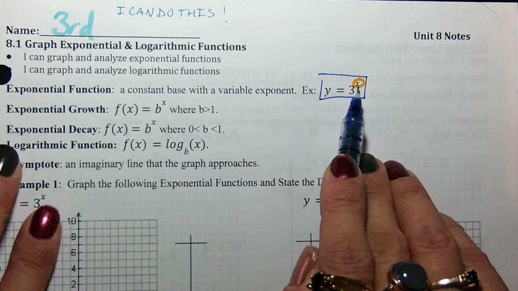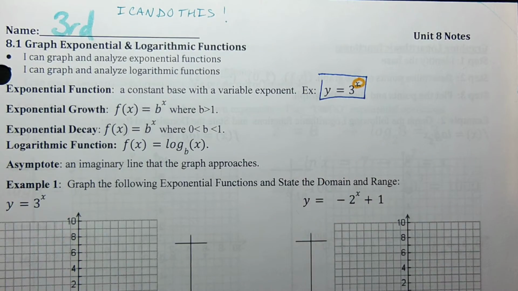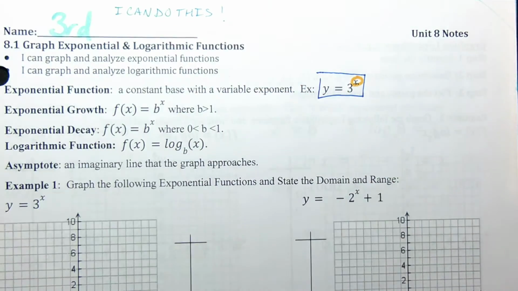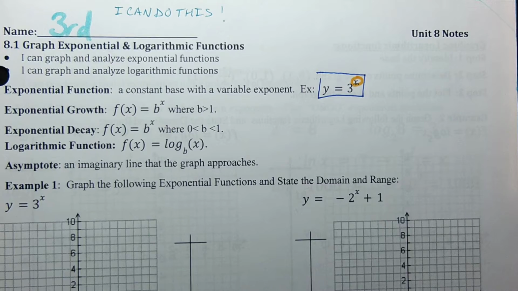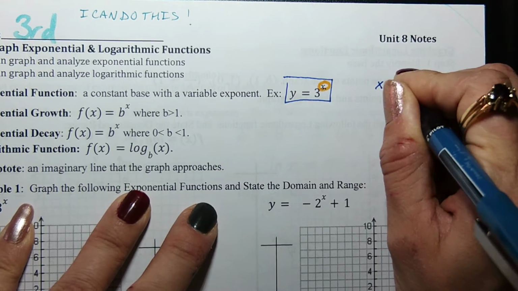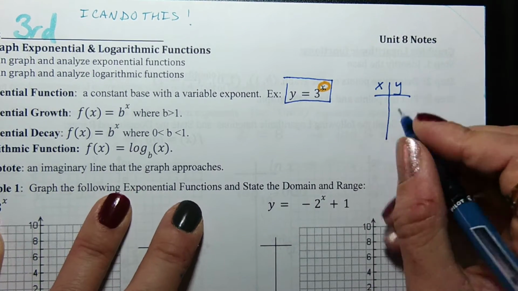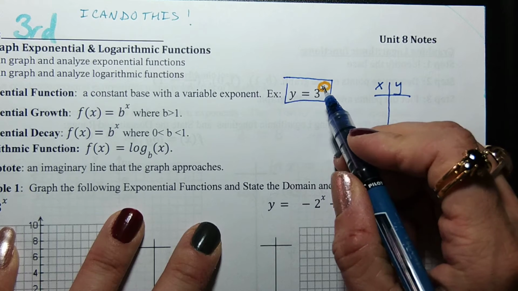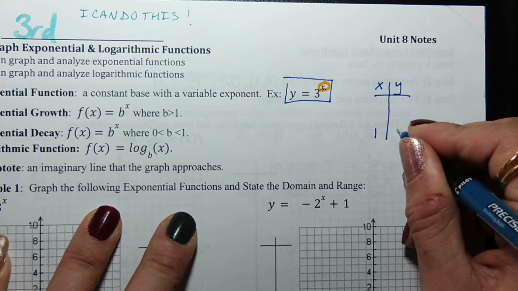So the first thing that is our exponent rules. What's something that's easy to take 3 to the power of? 1's a nice easy input that I can use for x. So 1 is going to be part of our parent table. If I plug in 1, 3 to the first is 3.